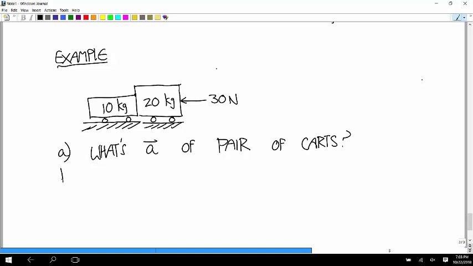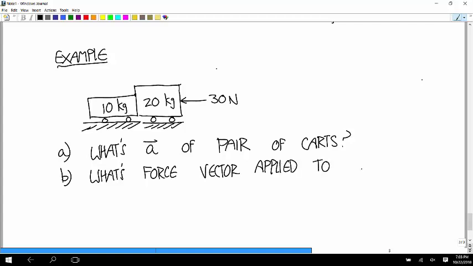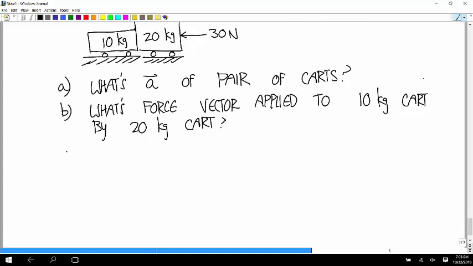And then second, what's the force vector applied to the 10 kilogram cart by the 20 kilogram cart? And actually, let's see how this works. So let's do a third one. What's the force vector applied to the 20 kilogram cart by the 10 kilogram cart?